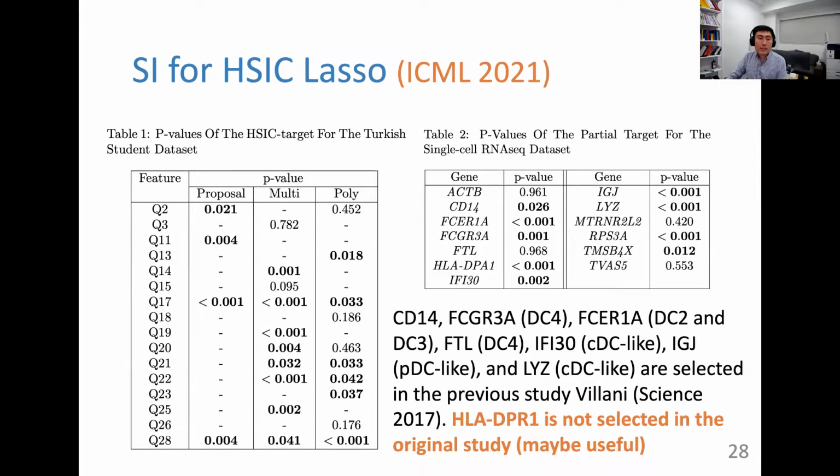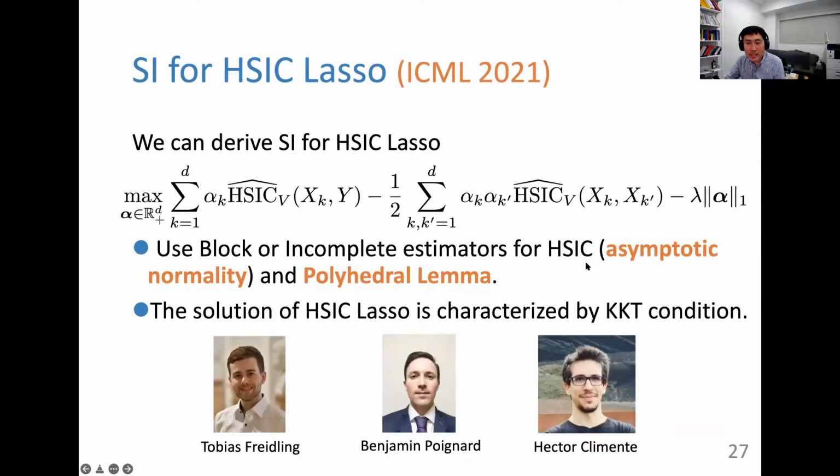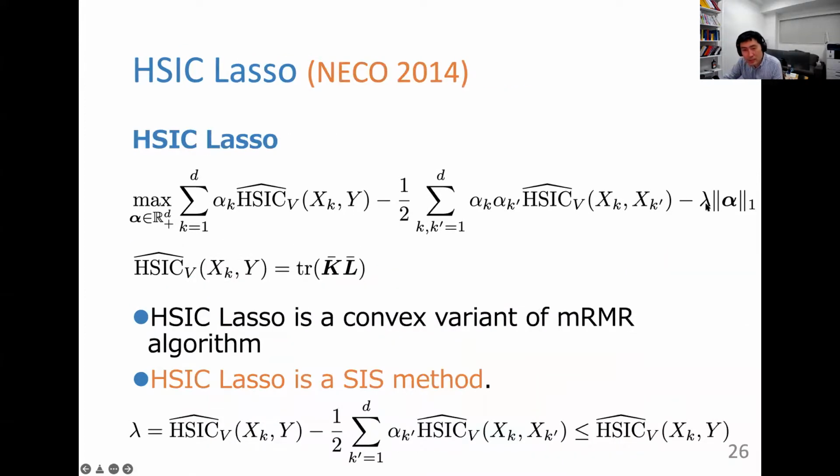I see. Yeah, thanks. So in this case, okay, I need to double check the paper carefully. But basically, I think in this case we fix the lambda. I think this depends on lambda values, and then I need to double check the paper.